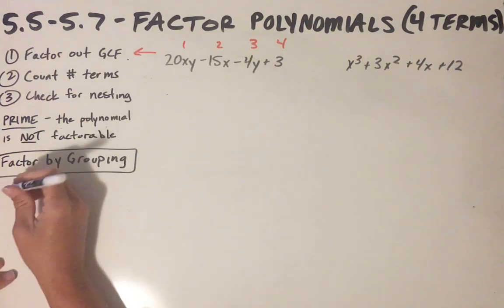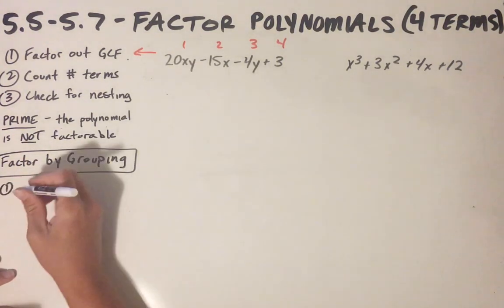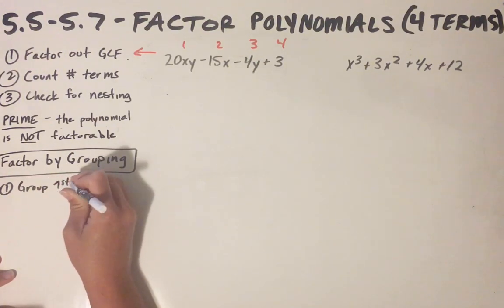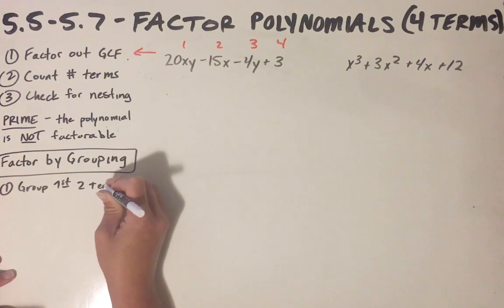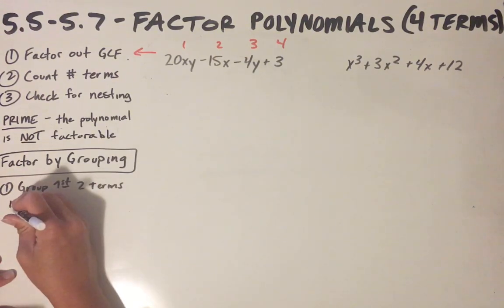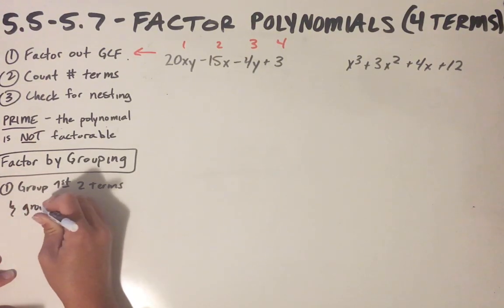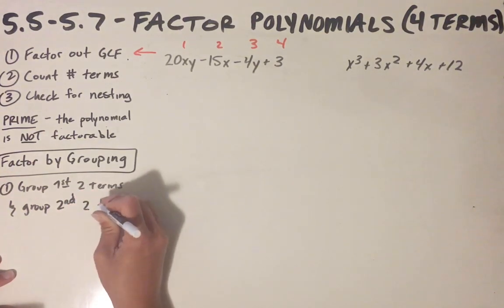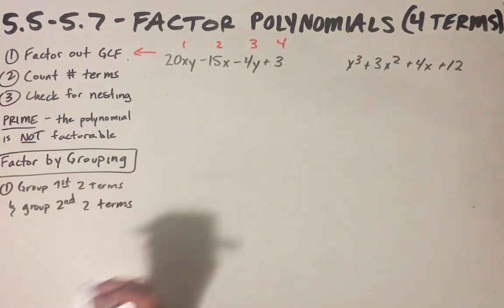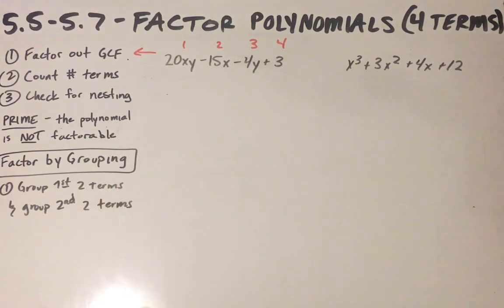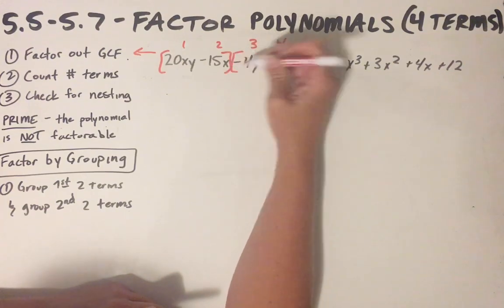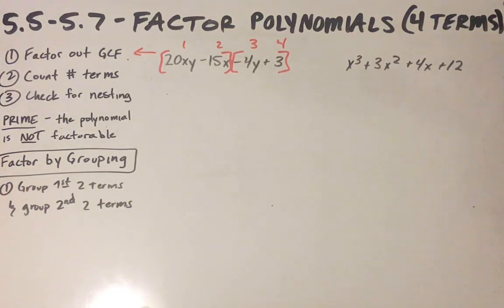The steps for factoring by grouping are to group the first two terms and group the second two terms. What do I mean by group them? Instead of looking at all of them, I'm going to say this is a group, the first two terms, and this is a group, the second two terms.